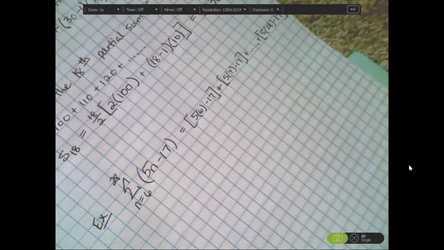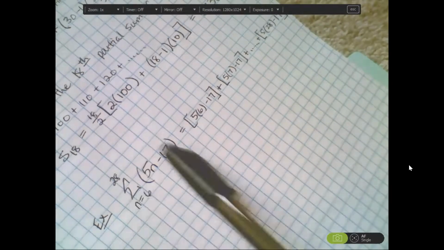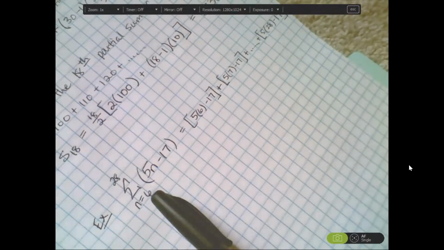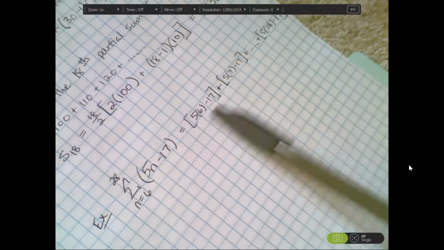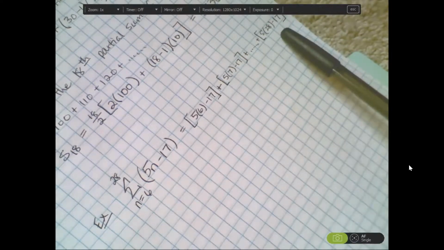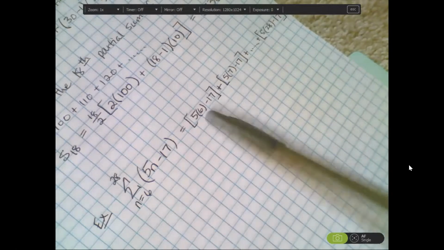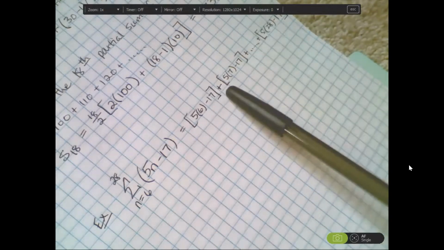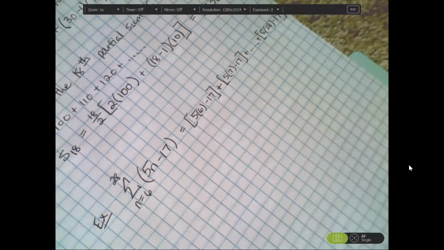That's essentially what this notation is saying. This is a nice shortcut way of telling us that this is what's happening, right? We're plugging in these numbers into this rule, and as we go, we're adding everything up as we go.